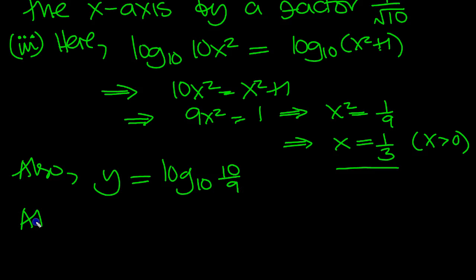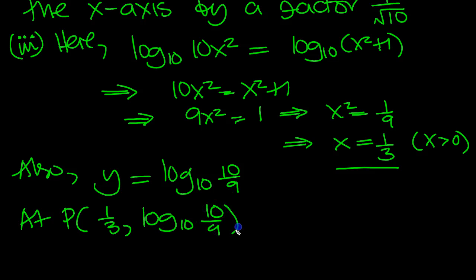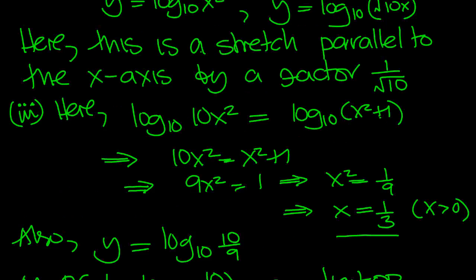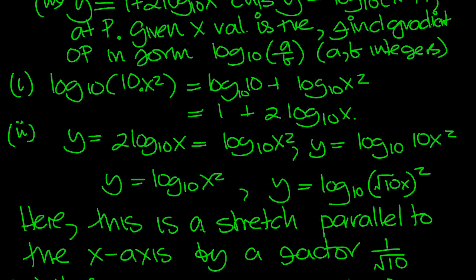So at P, which has x coordinate 1/3 and y coordinate log 10 of 10 over 9, gradient OP is equal to, okay, so I think I've got the P.